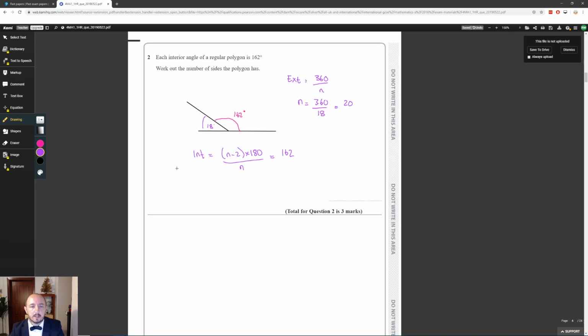So we could times both sides by n, and we would have 180n minus 360 is 162n, and we can rearrange this to get 18n equals 360 and have the same calculation as we had before. Okay, but this first way that we did it here with the exterior is, as you can see, a lot less complicated.